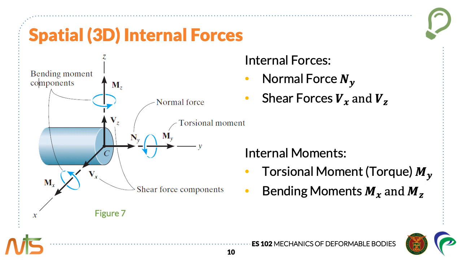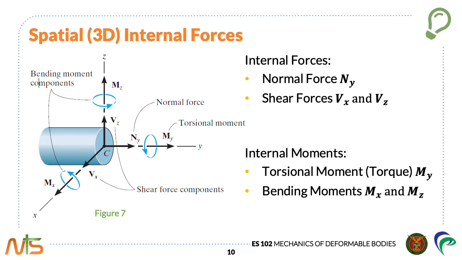For the sign convention, if the member is subjected to a three-dimensional external loading, then the internal loadings are usually expressed as positive or negative, in accordance with an established XYZ coordinate system such as shown in figure 7. So for 3D, again, follow the sign convention in figure 7.